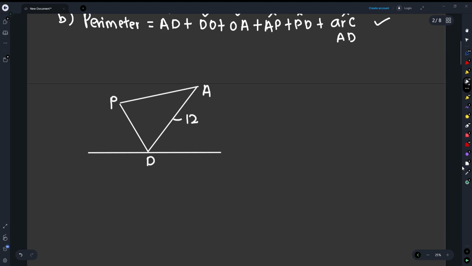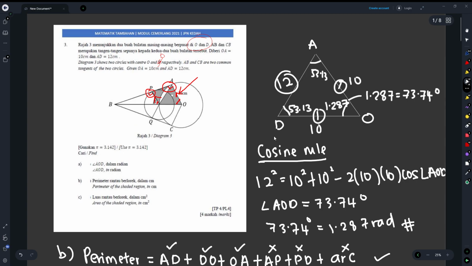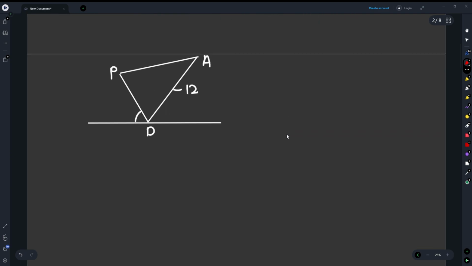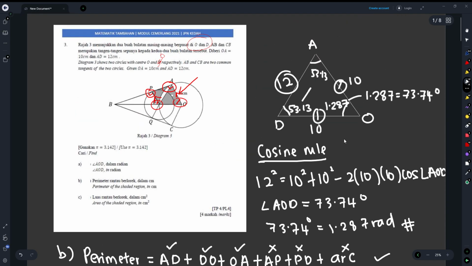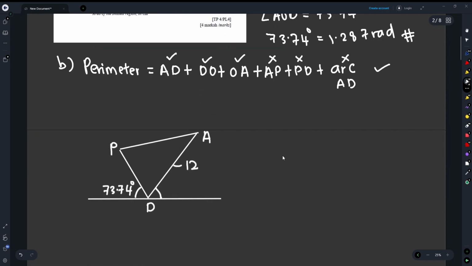I told you this is parallel, because if you go up here, this area is parallel to this area, so that makes my angle here equivalent to 73.74 degrees, and the angle inside here, the one we just found, is 53.13. So the remaining angle here is also 53.13. How do I find it? 180 minus this one, you get this one.